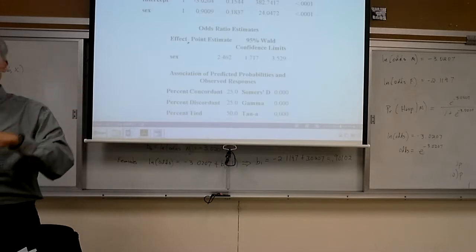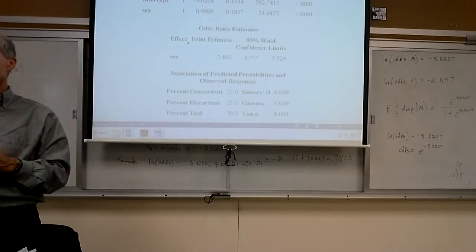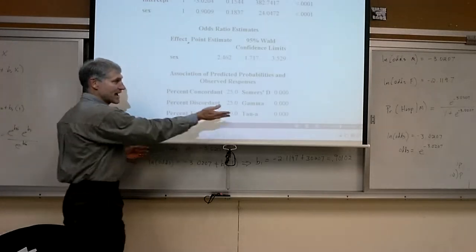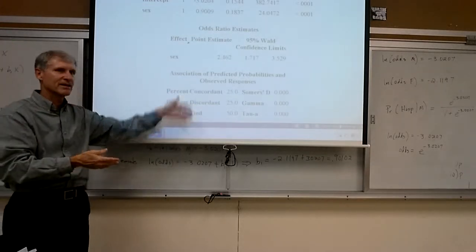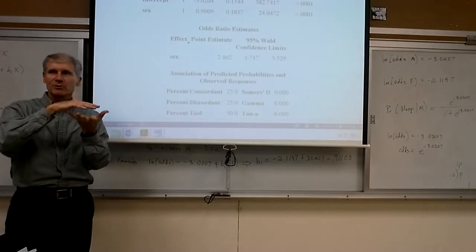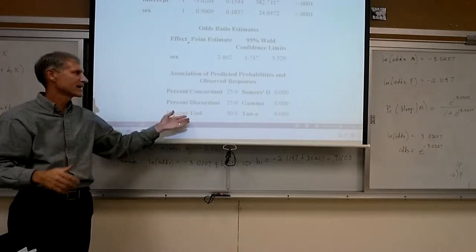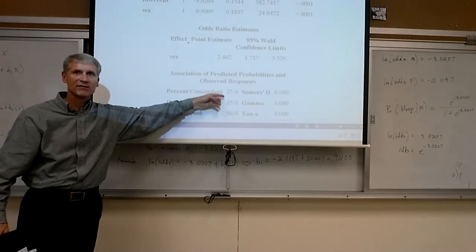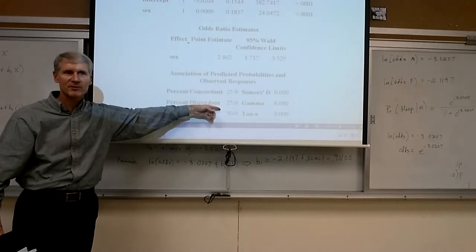Like, well, I don't know whether they're going to be hospitalized or not. 50% chance. So that's a tie. So I don't remember how it all works together, but half of the people in the data set had a probability too close to 0.5, so they called it a tie. The rest of them, it got 25% of the other 50% right, and 25% wrong.